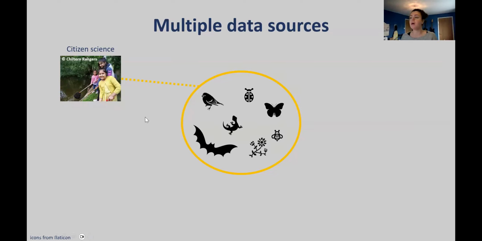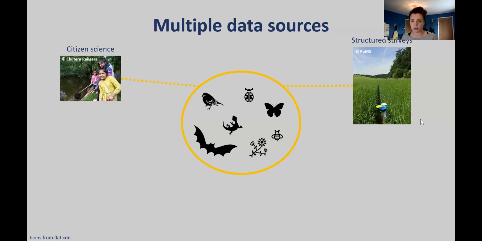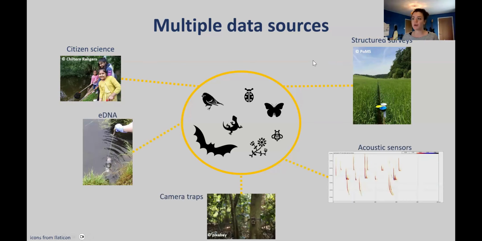There's also some data that comes from structured surveys, from the standardized monitoring schemes. But there's also a lot of novel ways of collecting species data, including environmental DNA, camera traps, and acoustic sensors. So what do we do when we have multiple datasets available to answer a specific question? There are multiple approaches that one can take.